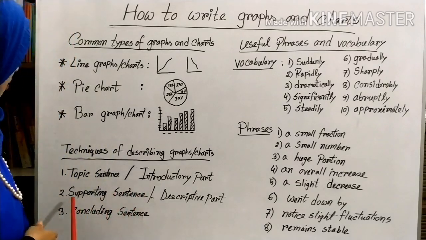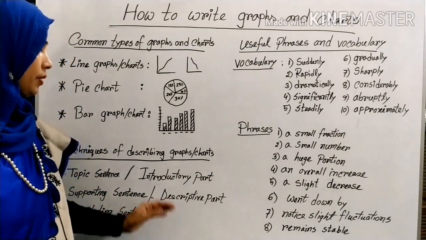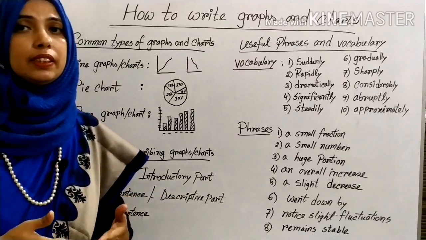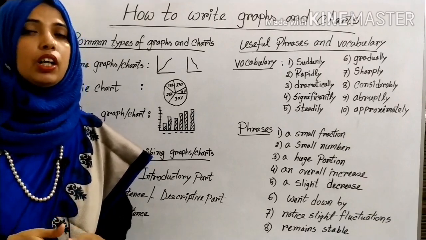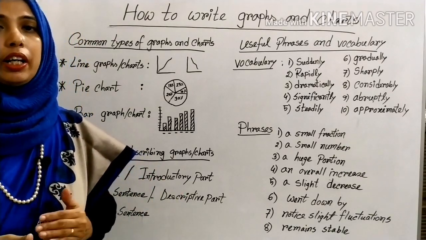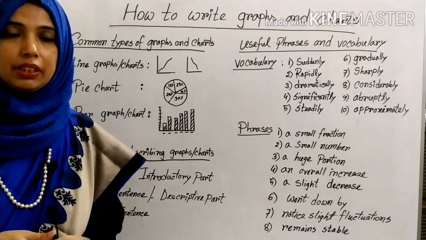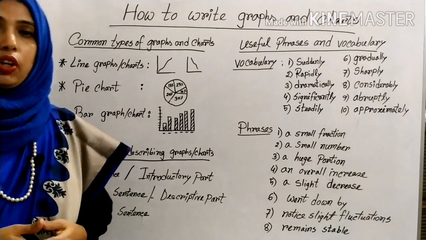Now come to the second point, supporting sentence or descriptive part. In this part, you have to present the sentences very carefully. You just try to compare one piece of information with another with the help of words and clauses. Okay?